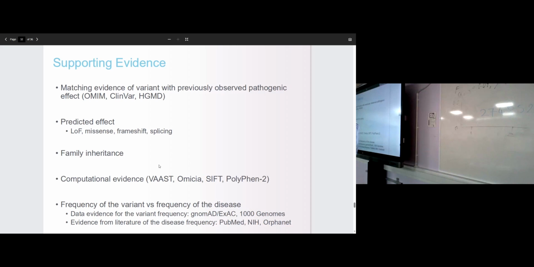And then you look at databases such as OMIM and ClinVar, and then you bioinformatically try to predict the effect, whether it's going to break the gene or lose the function of the gene, or whether it may cause a frameshift in the protein. You also want to look at the family inheritance, and there are bioinformatics algorithms that help us predict the effects of a specific variant.